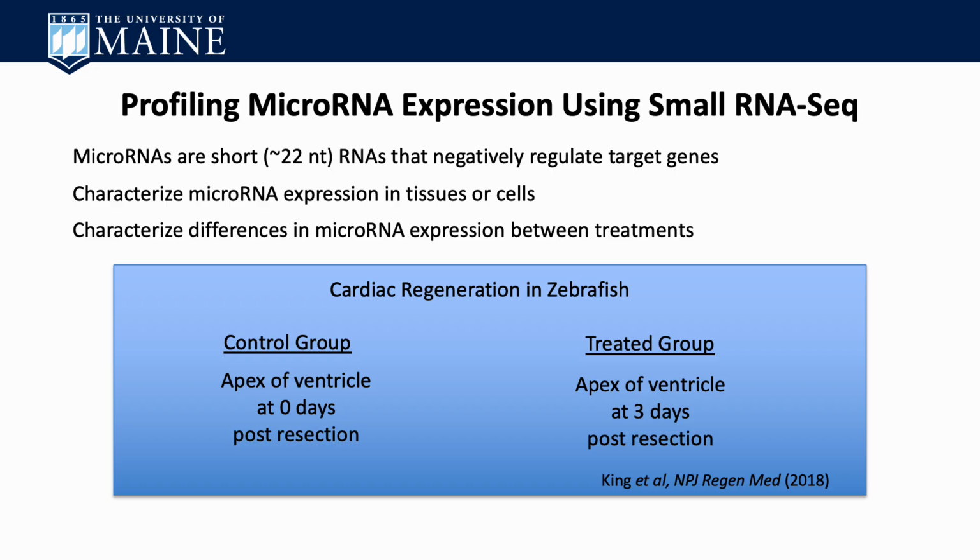So in this tutorial, again, small RNA sequencing in the zebrafish tutorial, we compare expression of microRNAs in a control group, which is at the initial point of injury of the heart, and then expression of microRNAs 3 days later, and then look at the expression of different microRNAs.